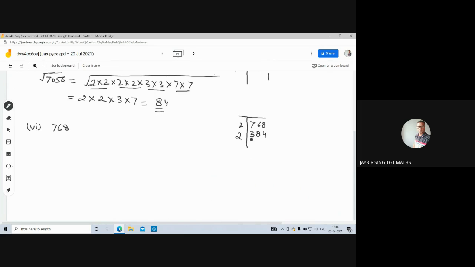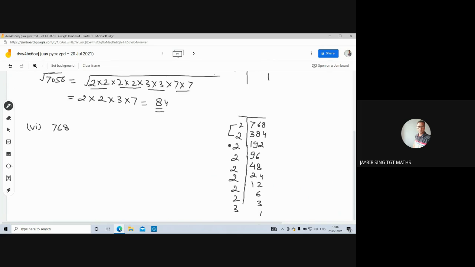Now 2, 2 ones are 2, 18, 2 nines are 18, 2 twos are 4. Now 2, 2 nines are 18, 2 sixes are 12. 2, 2 fours are 8, 2 eights are 16, 2 twelves are 24. Now 2 twelves, 2 sixes, 2 threes, 3 ones.